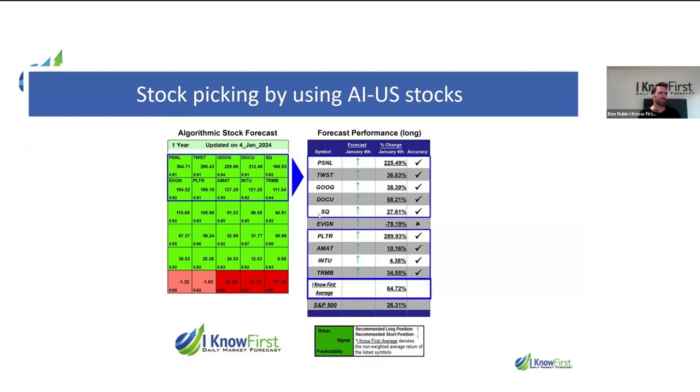We can also find Google and BSNL, which led this forecast with the highest signal. You can see here the signals are pretty high, and the predictability is also high.